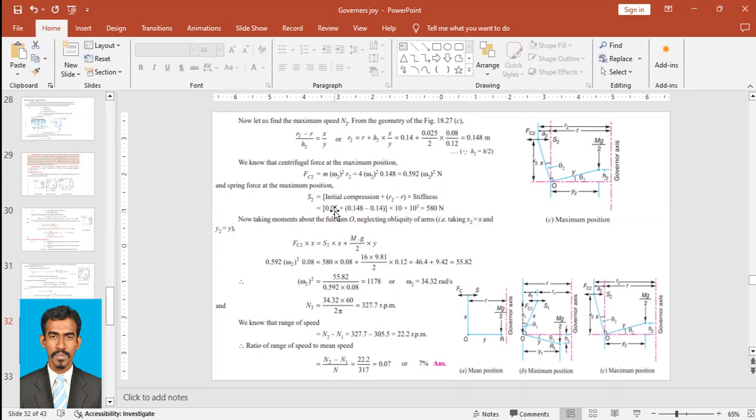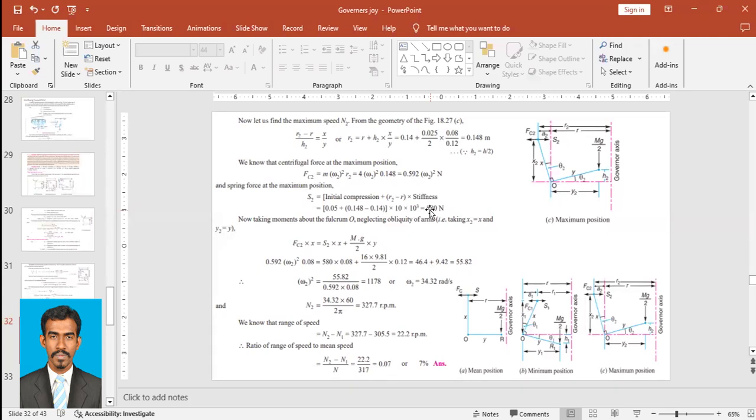So we'll write it: initial compression 0.05 plus A2, where A2 is R2 minus R, that is 0.148 minus 0.14, into stiffness, which was given in the question as 10 kilonewton per meter, that is 10 into 10 to the power 3 Newton per meter. When you solve it, you will have 580 Newton. So S2, the spring force at maximum position, is 580 Newton.